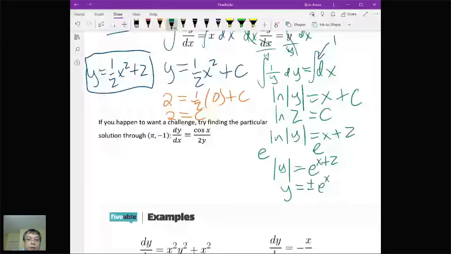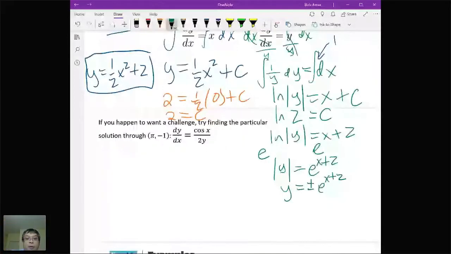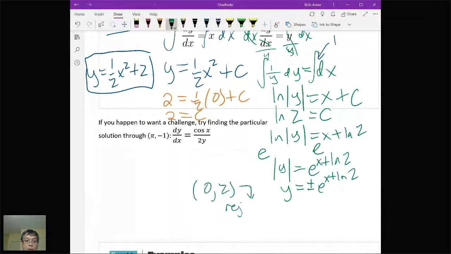But because I know that the point is (0, 2), sorry, this is an ln 2, because I know that the point is (0, 2), I know it can't be minus. And so that leaves me y equals e to the x plus ln 2.